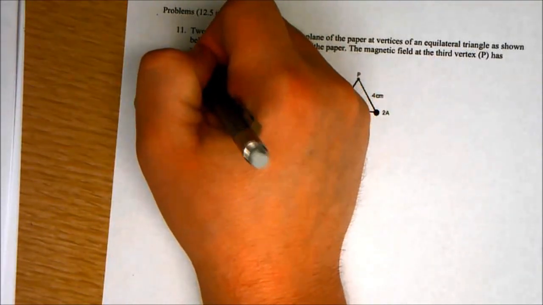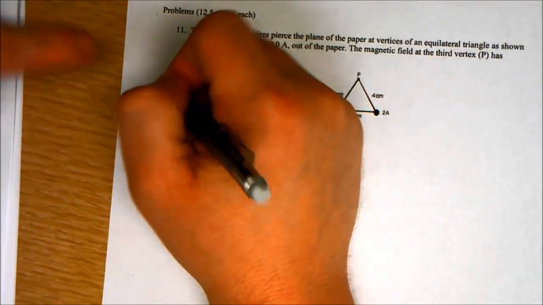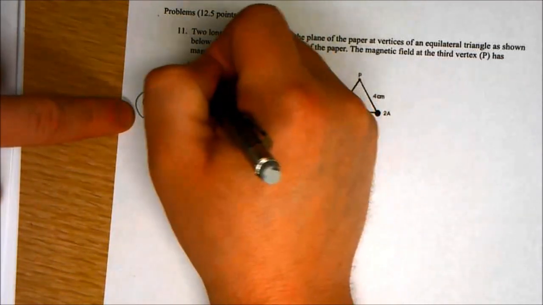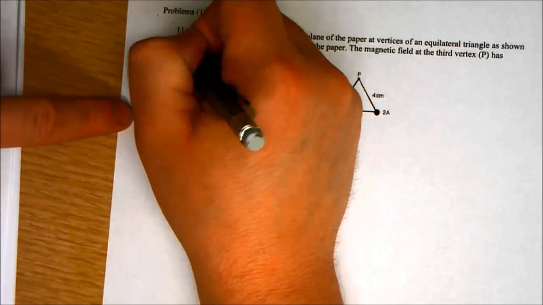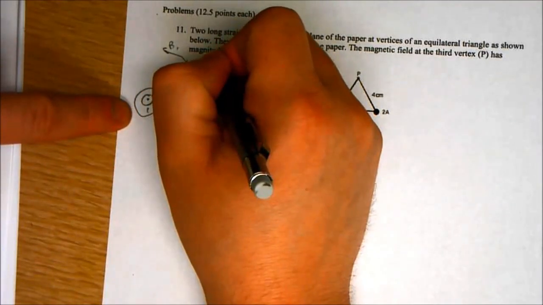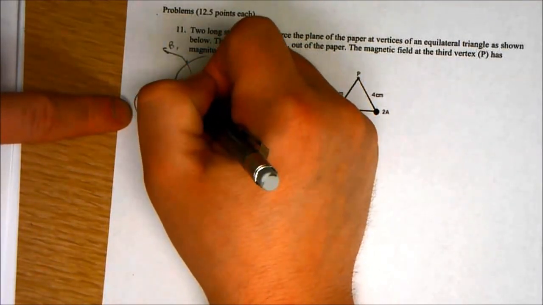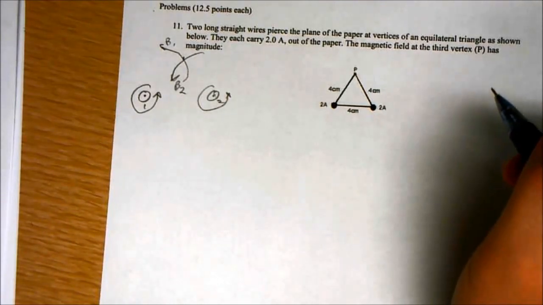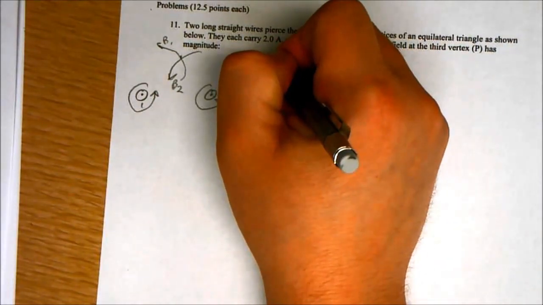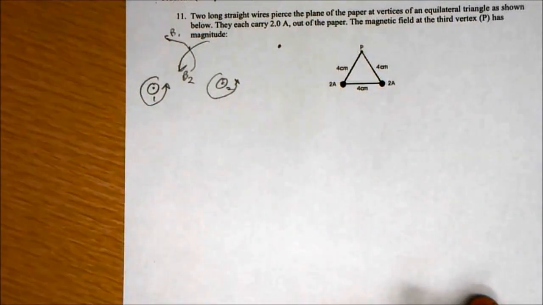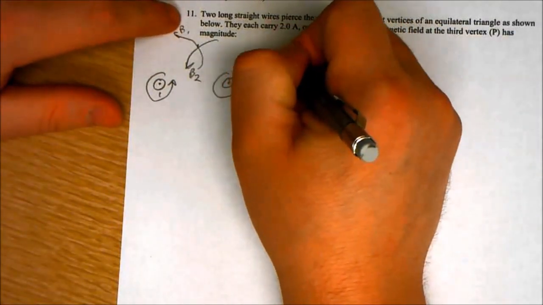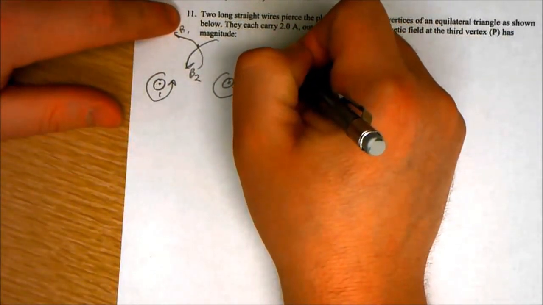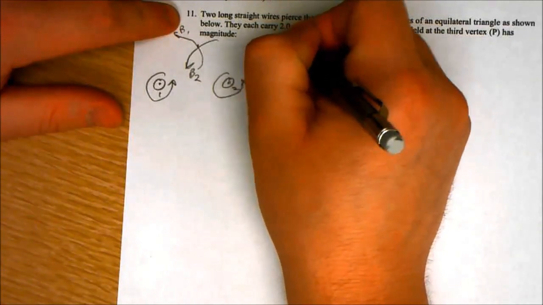So that means at point P, the magnetic field from 1, call this 2, is going to be curved like that, and the magnetic field from 2 is going to be curved like that. Those are the field lines; if we draw the vectors, we can draw them as B2 and B1.